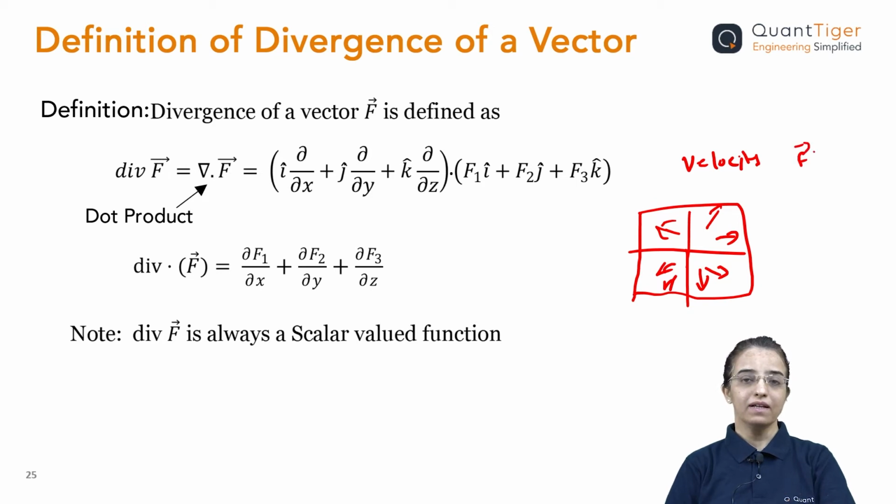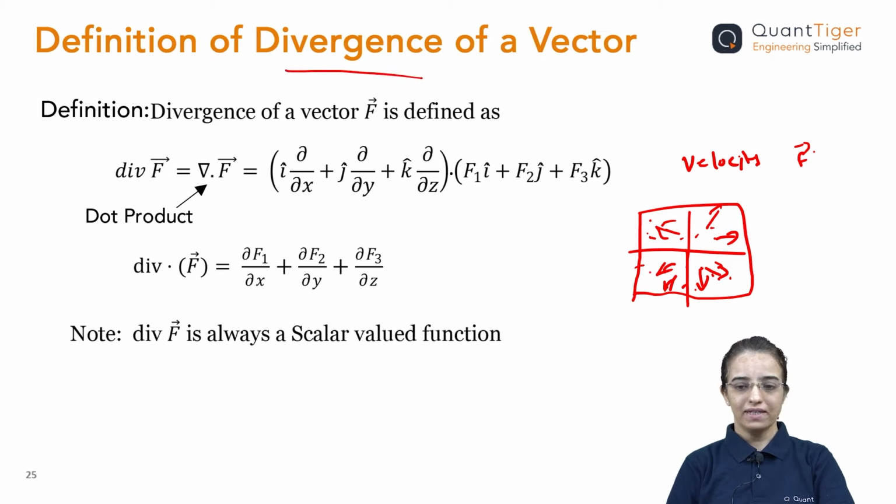So if you see, this fluid is exploding, basically in the outward direction. So if you want to find the behavior or the explosion of the fluid, then we use the divergence.